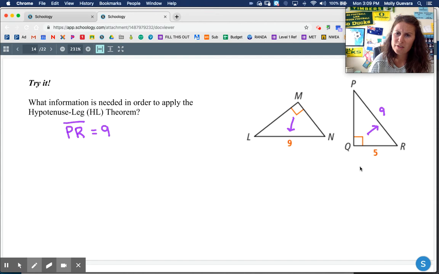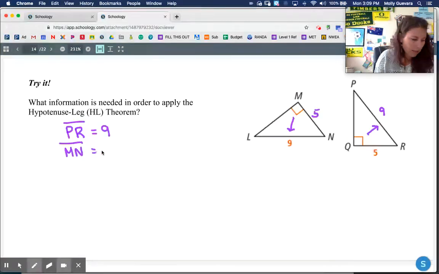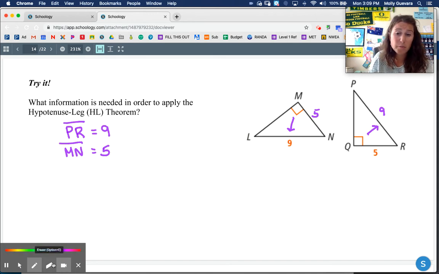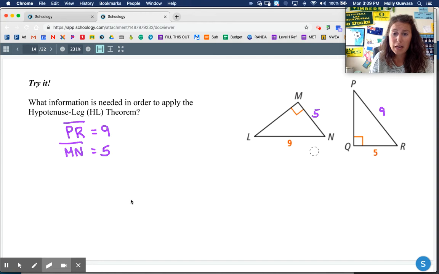Okay, and then the other thing is I have this leg that's 5, but over here I don't know what this leg is. So I would also have to know that MN is 5. If I know those two pieces of information, right, if I know that PR is 9 and MN is 5, then yes, I can say that the two triangles are congruent, right?